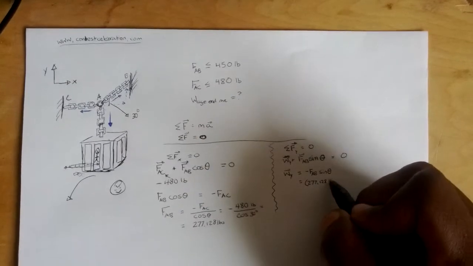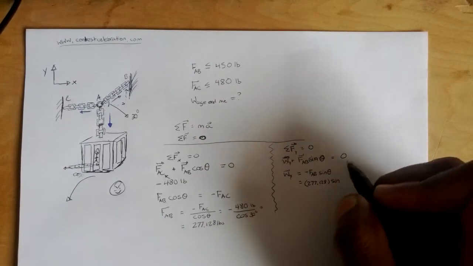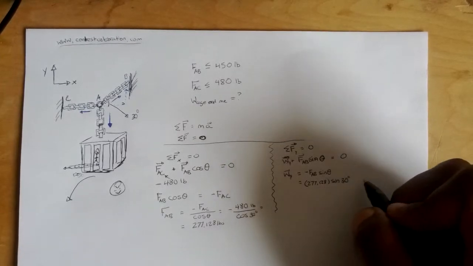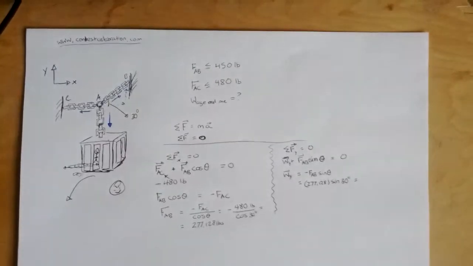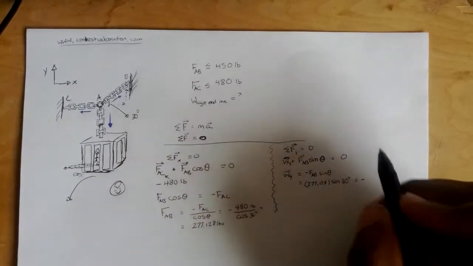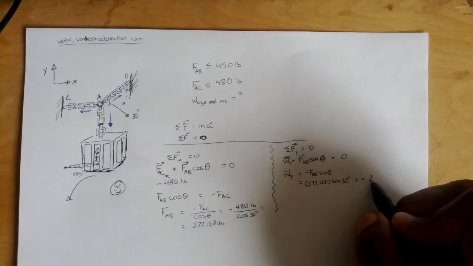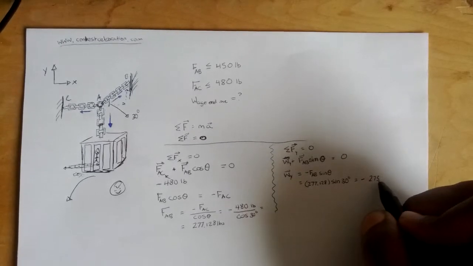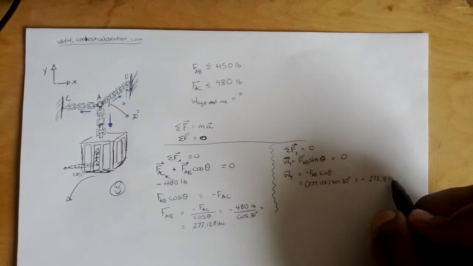And that will be equal to 277.128 times sine of 30 degrees. And that equals a negative, and that's because we said we didn't know what direction it was going, negative 273.811 pounds.